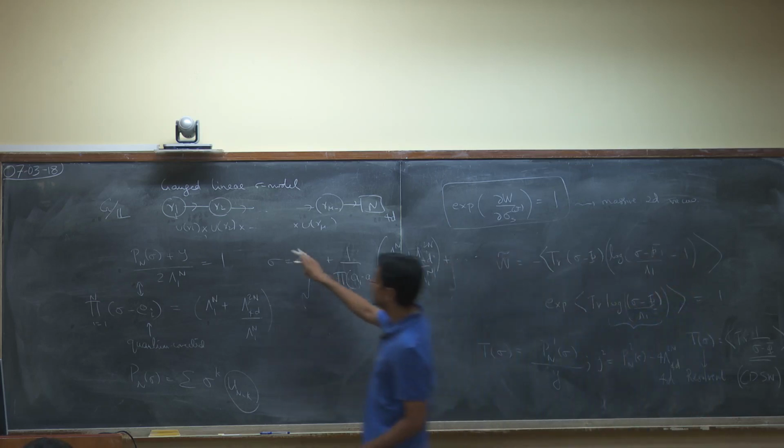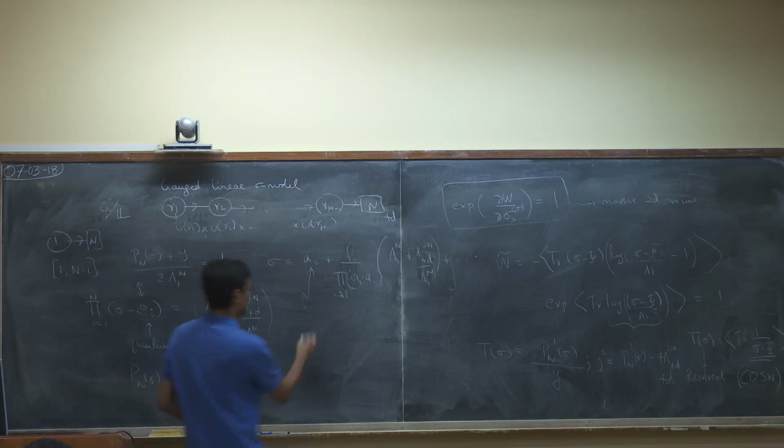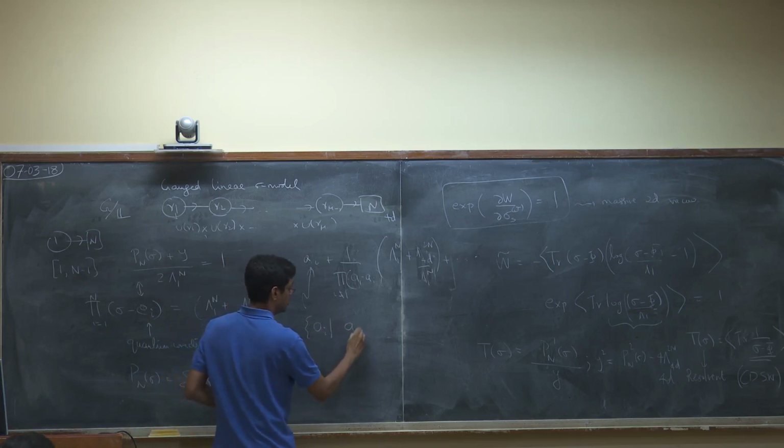Because remember, this was for the theory with partition 1, n. So the surface operator is defined by a partition which is 1, n minus 1. So you have to choose which a is singled out in your partition. So this will be the partition a_i and all a_j not equal to i.